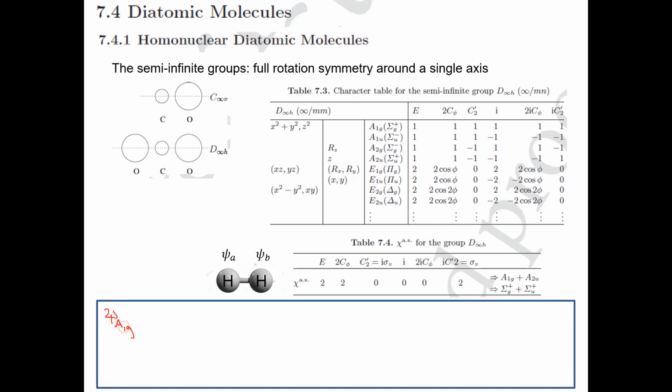A1g, the bonding combination, I can also call it psi S for symmetric, is 1 over square root of 2 times psi A plus psi B. This is the bonding state, and the anti-bonding state, psi A2u, or psi A for antisymmetric, is 1 over root 2 times psi A minus psi B. This is the same exercise I could do using the projection operator, but I already did that, so I'm not going to do that again. So these are the two eigenstates.